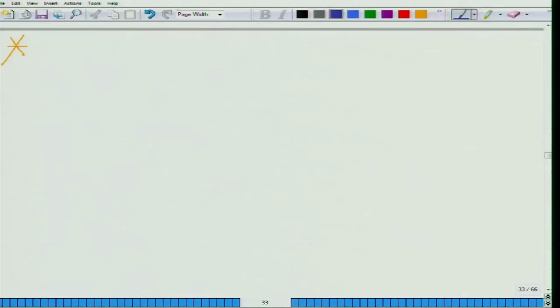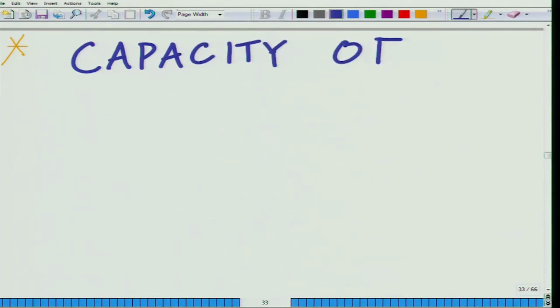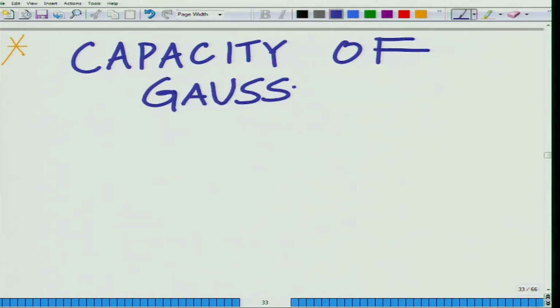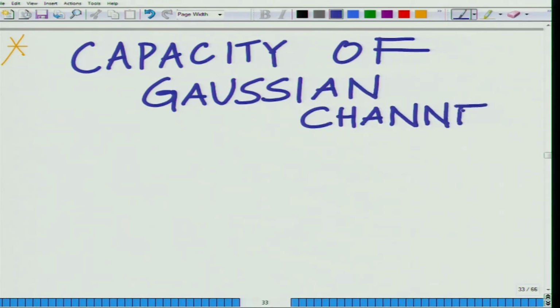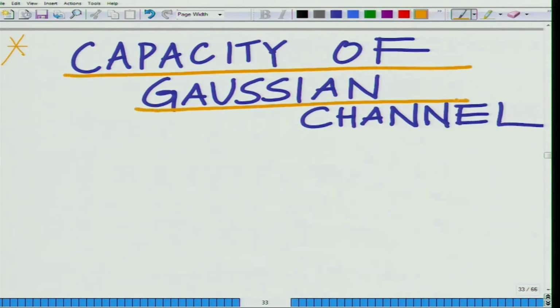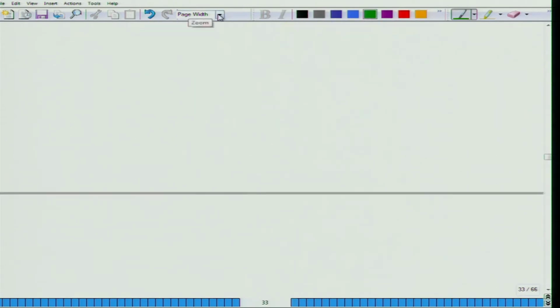We are interested in characterizing the capacity of the Gaussian channel. So what do we mean by a Gaussian channel?